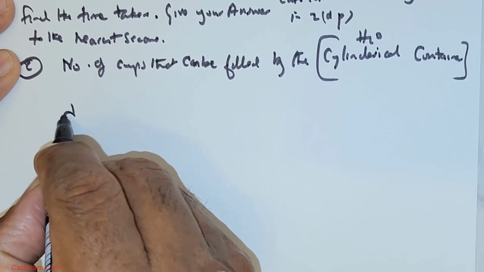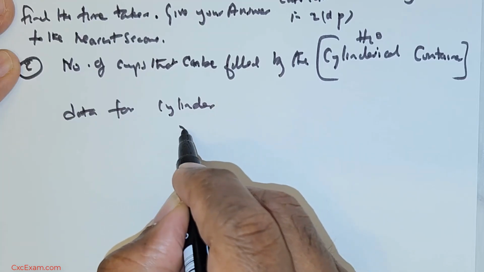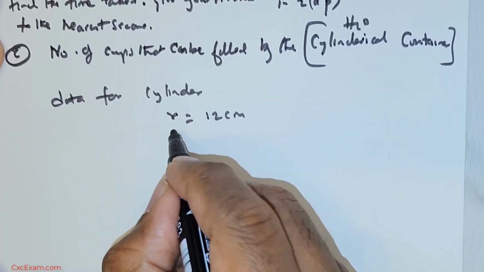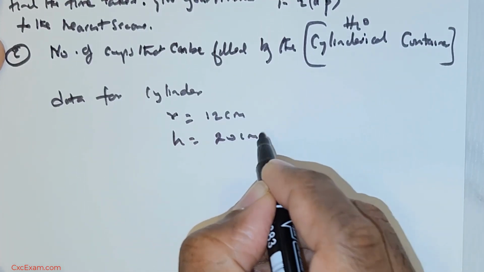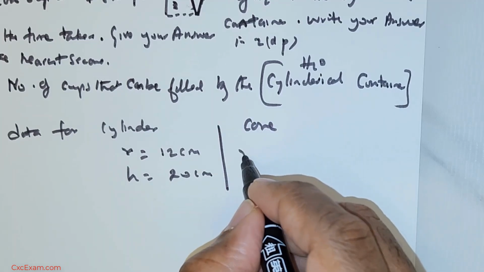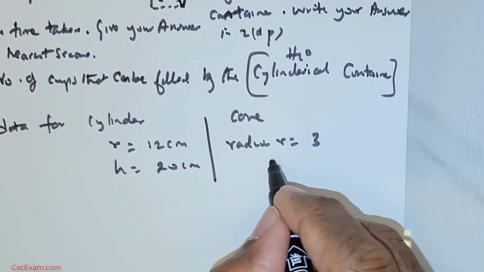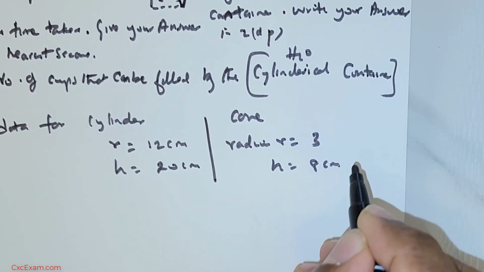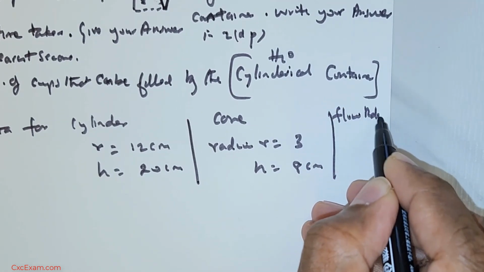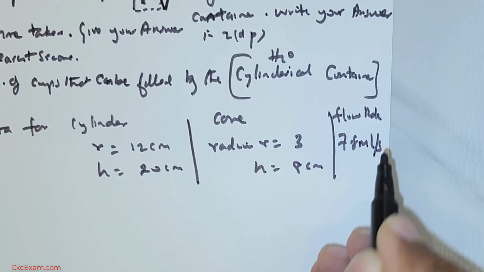So data for cylinder. What is given? Radius is given as 12 cm, height is 20 cm, and then for the cone, the radius is given as 3 cm, height is 8 cm, and next is the flow rate. Flow rate is 7.8 ml per second.